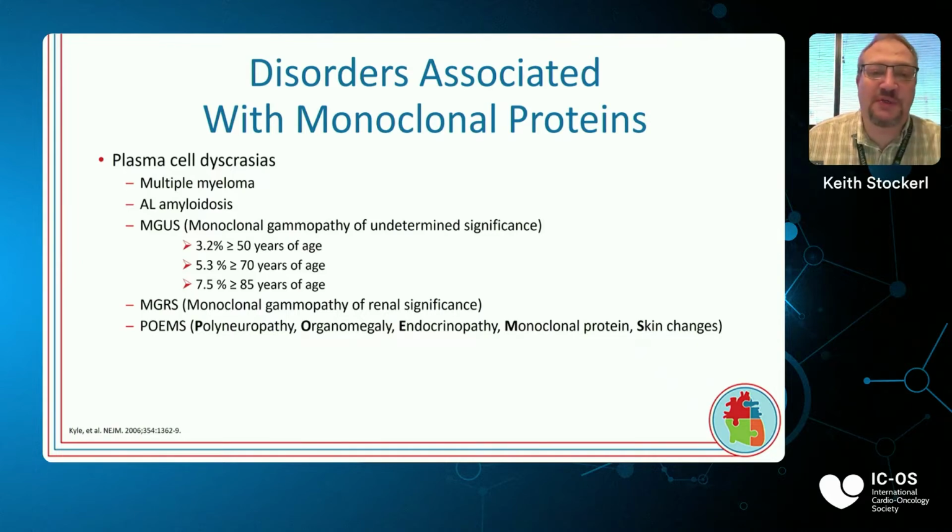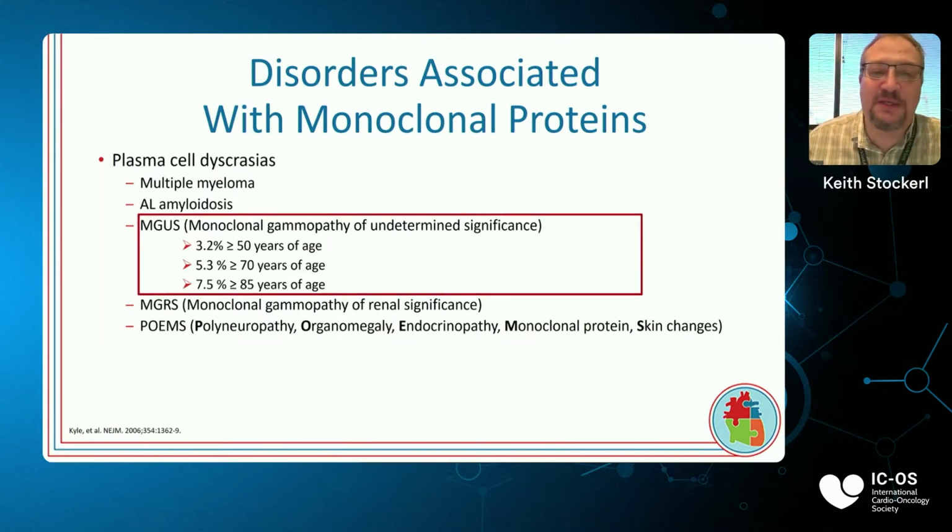There are a number of disorders associated with monoclonal proteins besides AL amyloid. Multiple myeloma and AL are the ones we talk about the most, but monoclonal gammopathy of undetermined significance is a disorder which we see in increasing amounts in the population. It generally does not turn into a malignancy or AL, but it's important to recognize that in patients over the age of 70, 5.3% of the population has a detectable monoclonal protein.